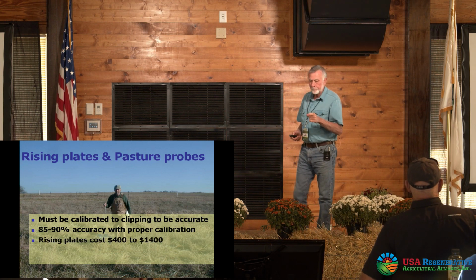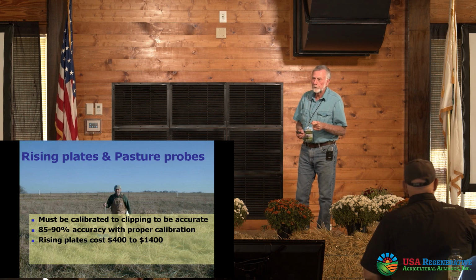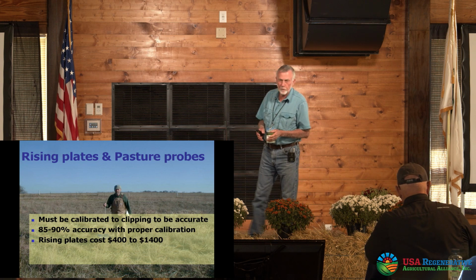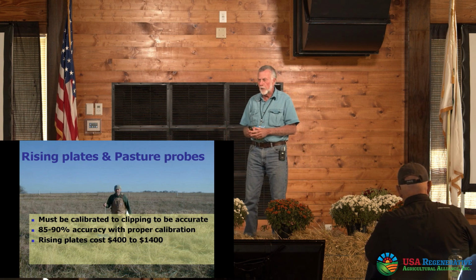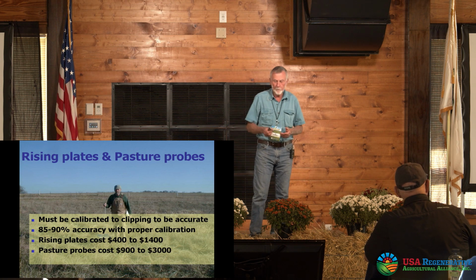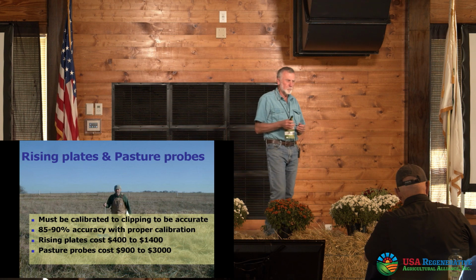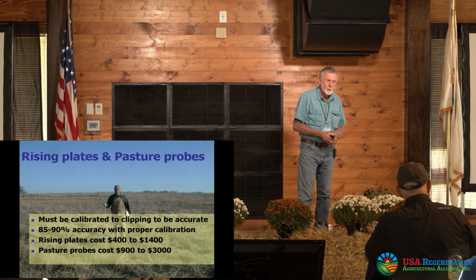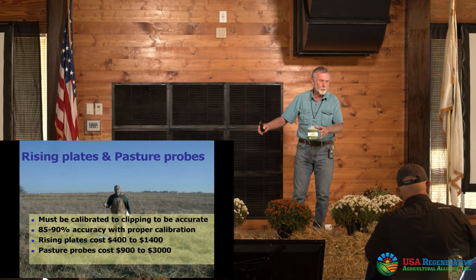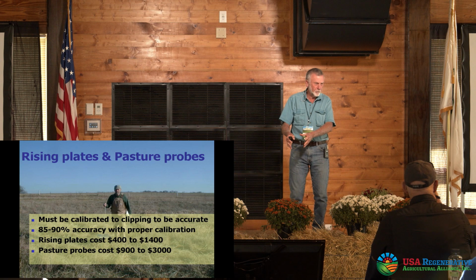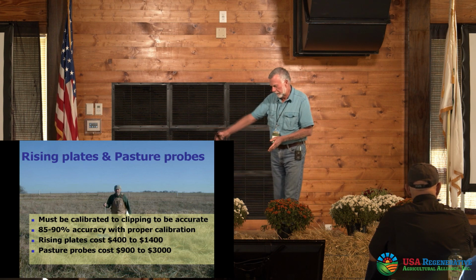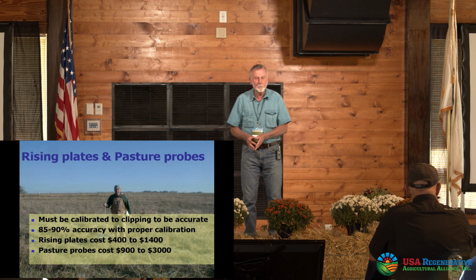Now, rising plates cost somewhere between $400 and $1,400, and I think actually you can get digital ones now that cost $2,000. There's another meter called Pasture Probe, which is an electronic device that you touch to the ground, and it sends out an electrical pulse that gets bounced back to the instrument, and the speed of that bounce back is determined by, guess what?